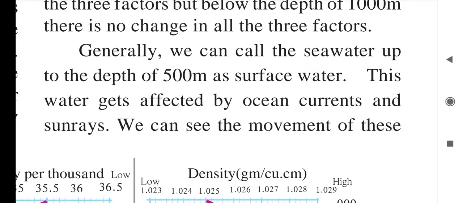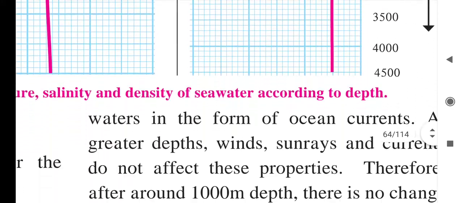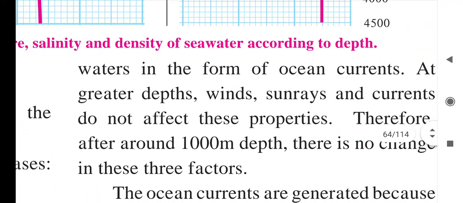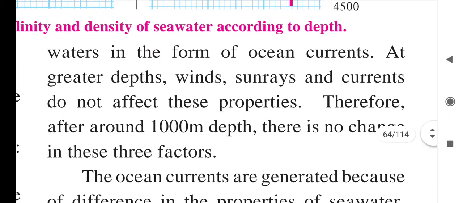This water gets affected by ocean currents and sun rays. We can see the movement of this water in the form of ocean currents.